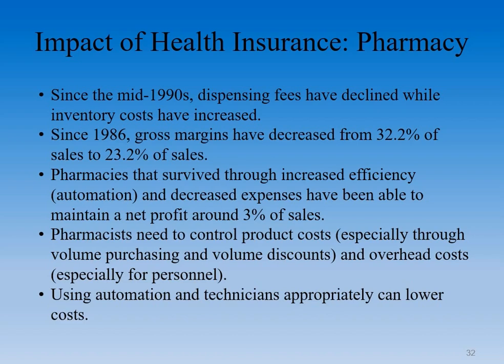Pharmacies that survived through increased efficiency, automation, and decreased expenses have been able to maintain a net profit around 3% of sales. Pharmacists need to control product costs and overhead. Using automation and technicians appropriately can lower costs.